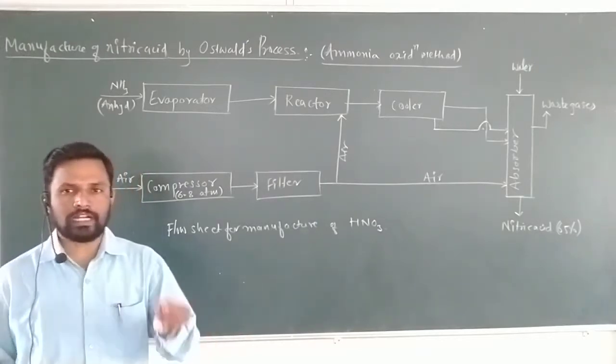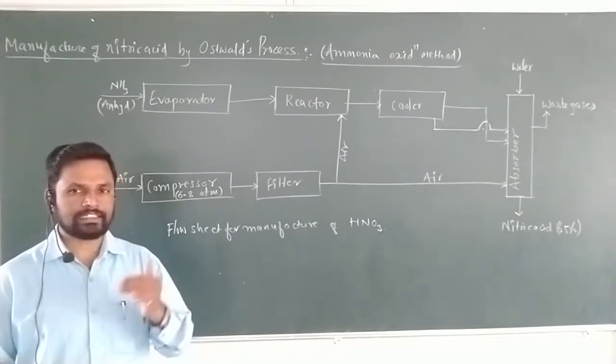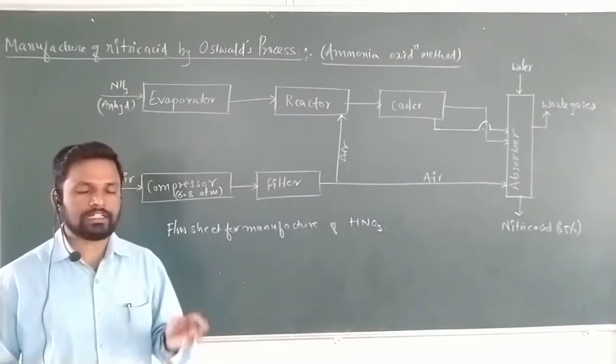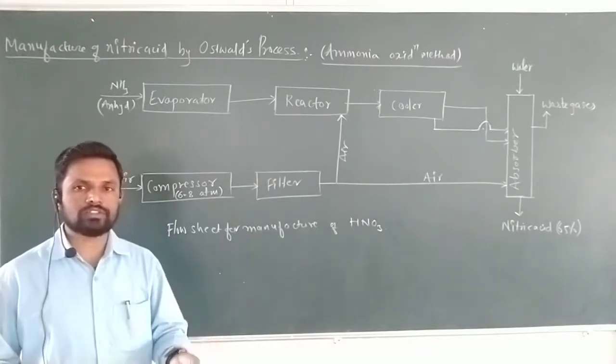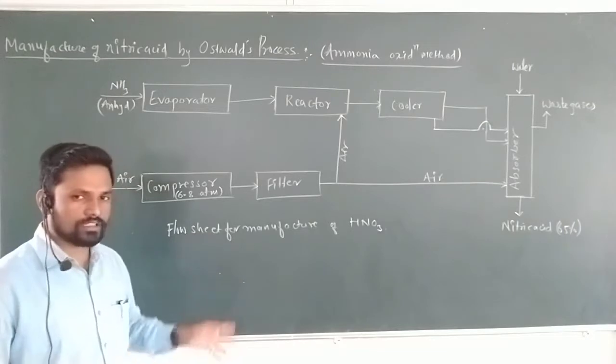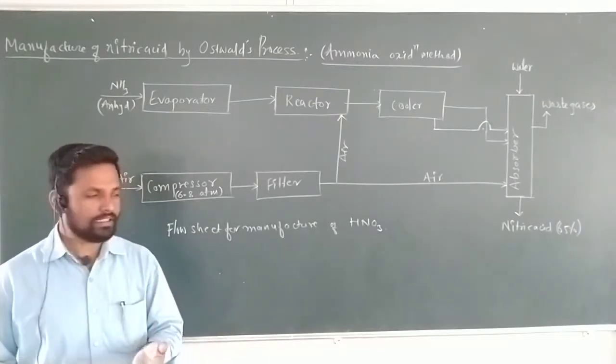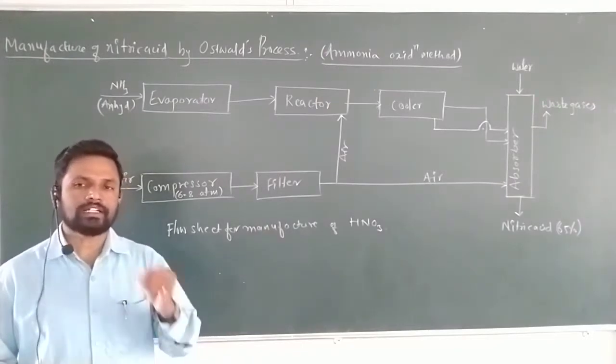It forms nitric oxide. In the second step, nitric oxide is converted into nitrogen dioxide by air oxidation, and in the third step, NO2 is absorbed by water or air and converted into nitric acid.